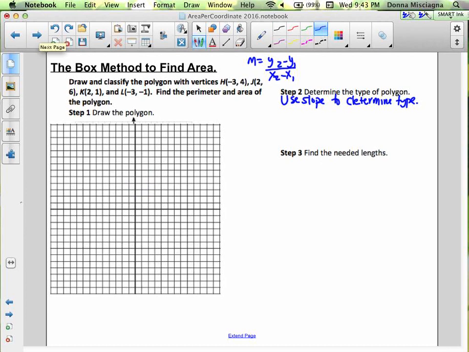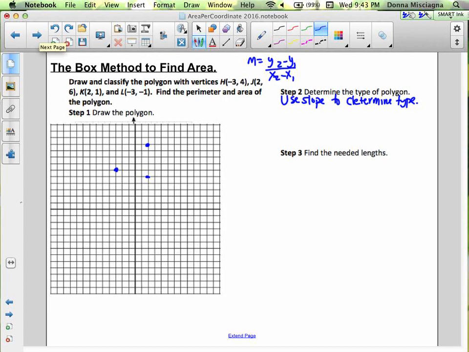All right, so let's see, we had negative 3, 4. That one's positive, 1, 2, 3, 4. And then we have the point 2, 6. 2, 1.